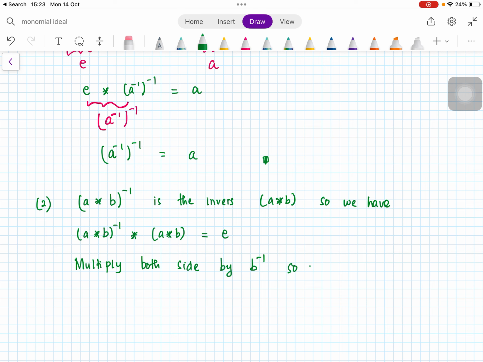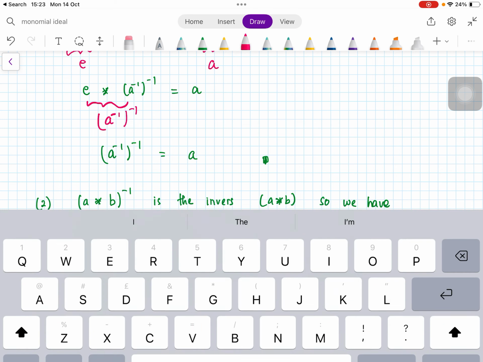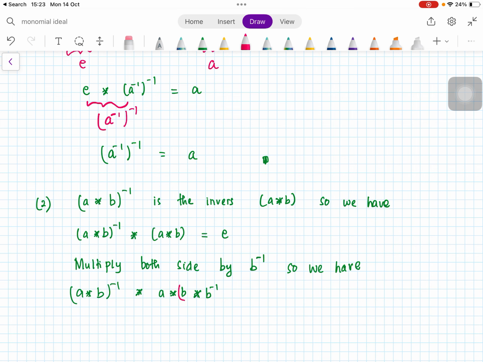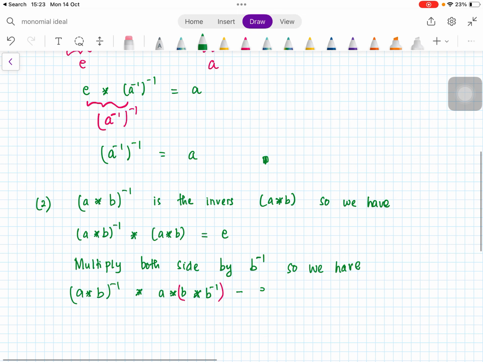So we have A times B inverse times A times B, and because this is associative, I can move the brackets. Then this is equal to E times B inverse.